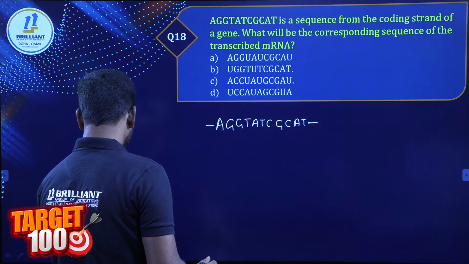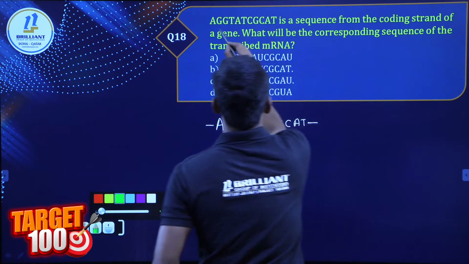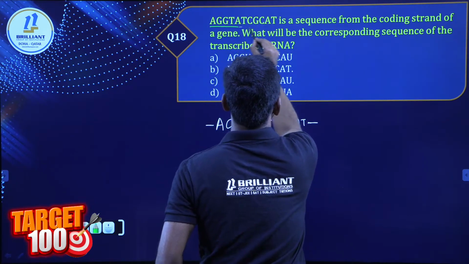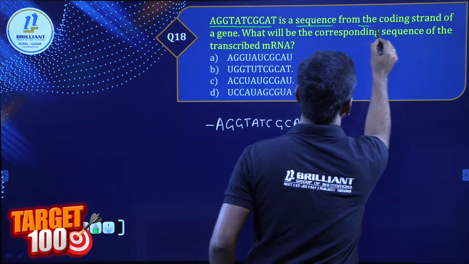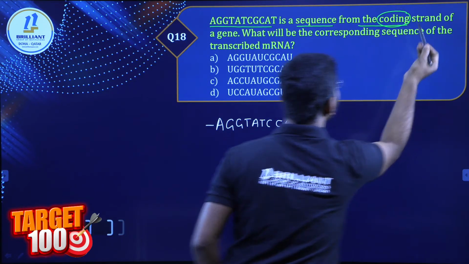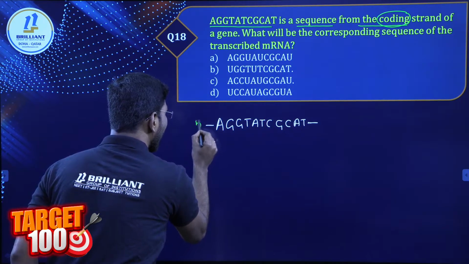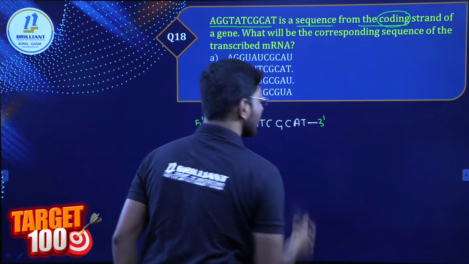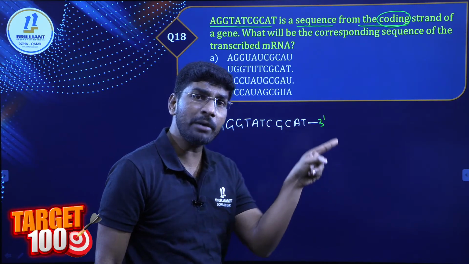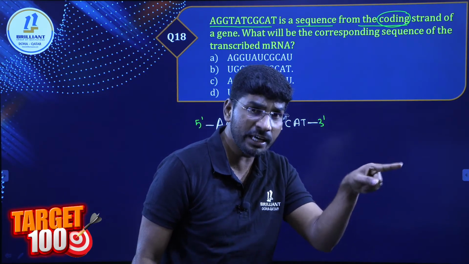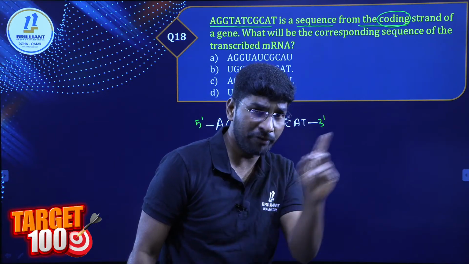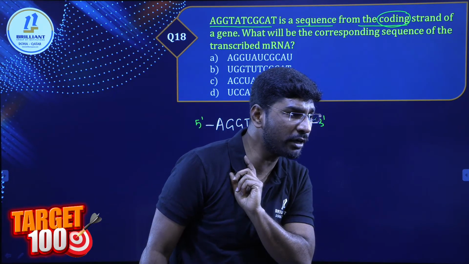If you carefully read what is given, this is the DNA sequence from the coding strand. But coding means I can write 5 prime to 3 prime. Answer me. Is 5 prime to 3 prime undergoing transcription?